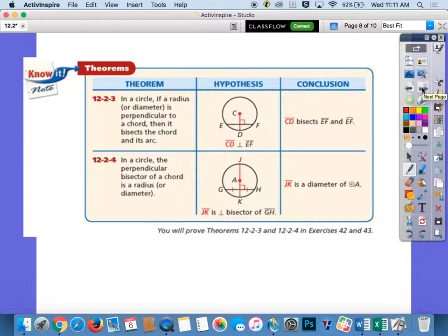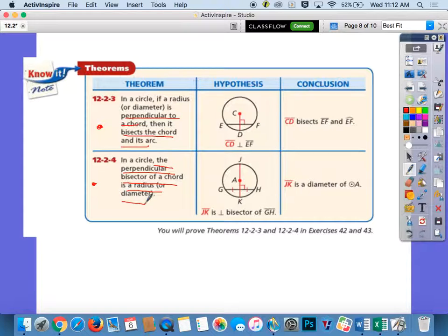All right, two more, guys, and this is where we're going to end here. In a circle, if a radius or diameter is perpendicular to a chord, then it bisects the chord and its arc. In a circle, the perpendicular bisector of a chord is a radius or diameter.